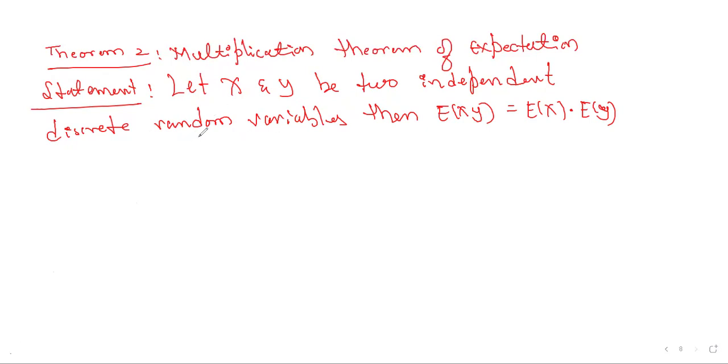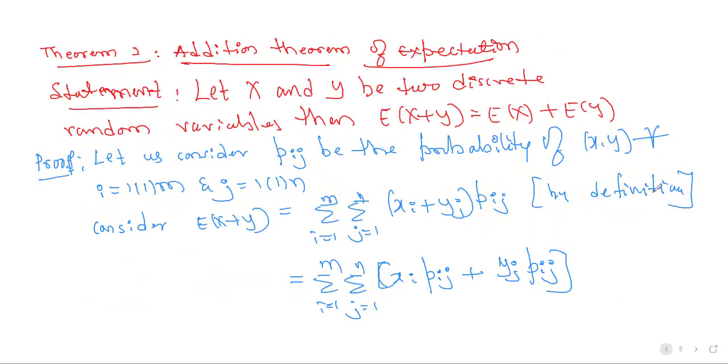So here the important thing is, x and y be two independent variables. But in the previous case, the addition theorem of expectation, x and y could be any two discrete random variables.